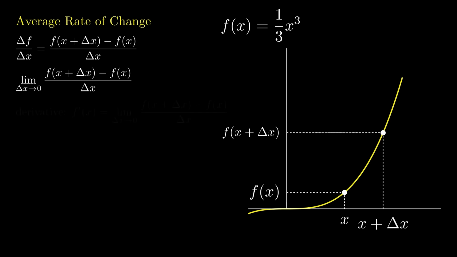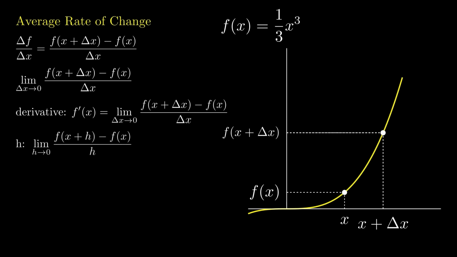This is the formal definition of the derivative: f prime of x equals the limit as delta x approaches 0 of f of x plus delta x minus f of x, over delta x. However, instead of delta x, it's usual to use the letter h. f prime of x equals the limit as h approaches 0 of f of x plus h minus f of x, over h.